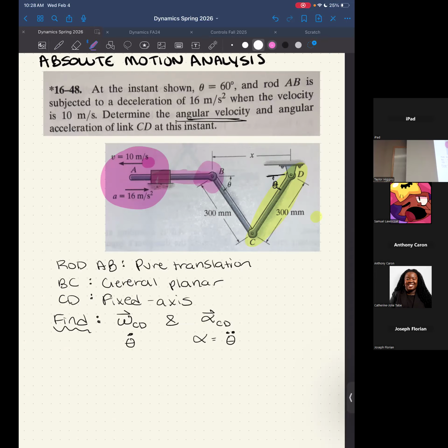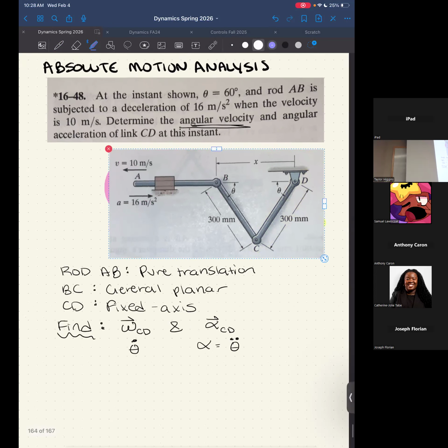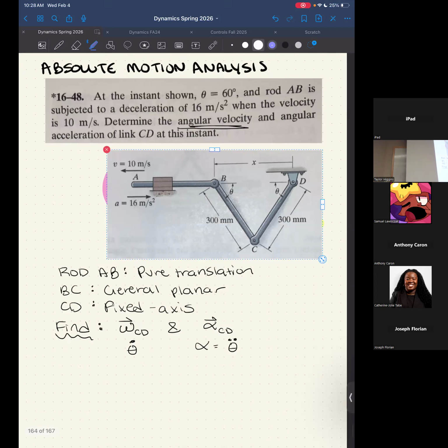Okay. And then it turns out I don't actually need to care too much about body BC. I can actually just analyze what's happening to X here, because I can write X as a function of thetas.